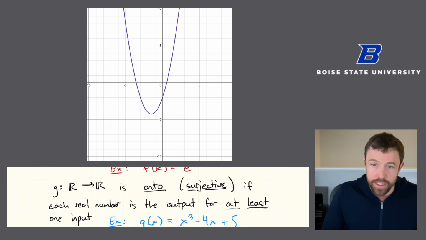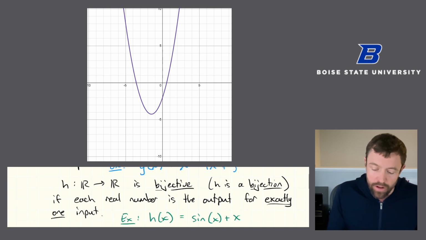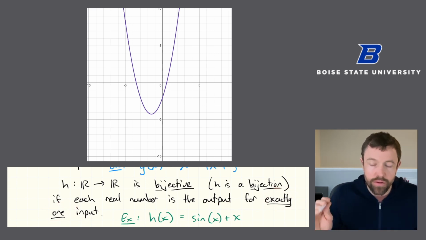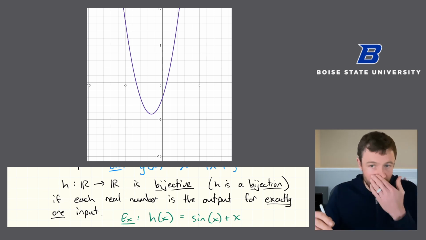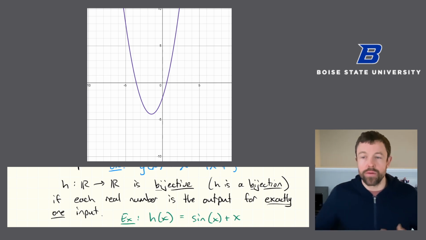And a function being bijective is saying that all of your possible outputs occur for exactly one input. And so these properties are not really dependent on working with the real numbers. They're properties that have to do with outputs and inputs of functions. And so when we start talking about vector spaces and linear transformations, these definitions translate over nicely.